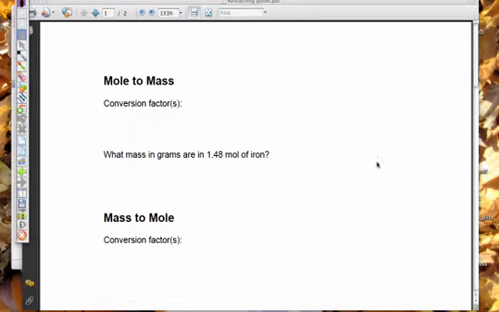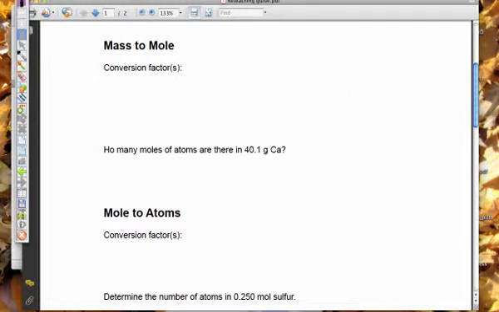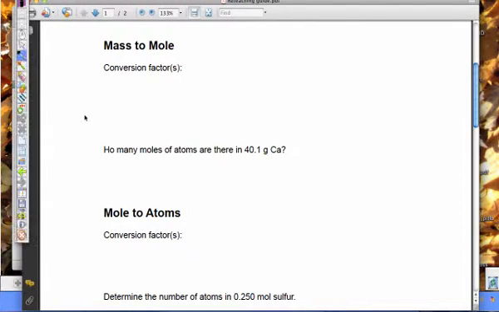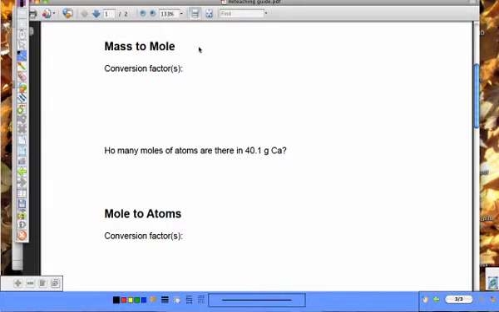If we want to go mass to moles, it's just basically the opposite if we're going grams to moles. Again, the conversion factor that we're going to use is the molar mass. But this time, we start with grams.